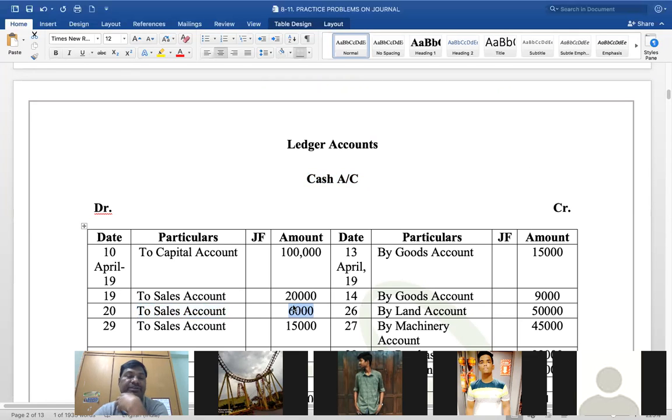Goods are going out, so you can write goods also. Since it is sales, it's easy to understand later when you're preparing the income statement, profit and loss account. It is easy to identify if you write 'to sales'. On 20th date, 6,000. Next.